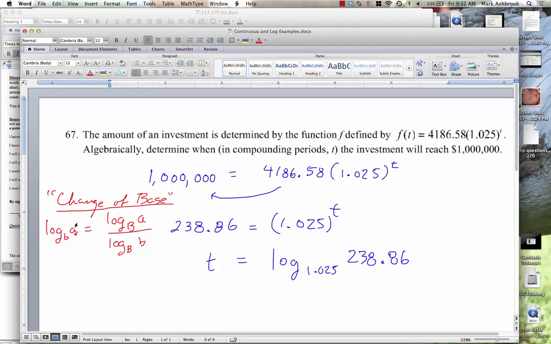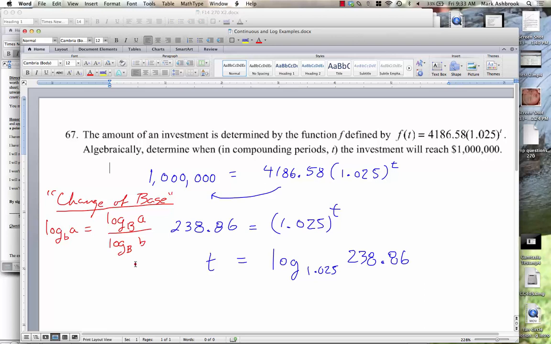So how do you know which goes where? The thing we're taking the log of goes up higher. The original base goes down lower. So to use our calculator, we want to use a built-in function. We're either going to use capital B equals 10 or e.